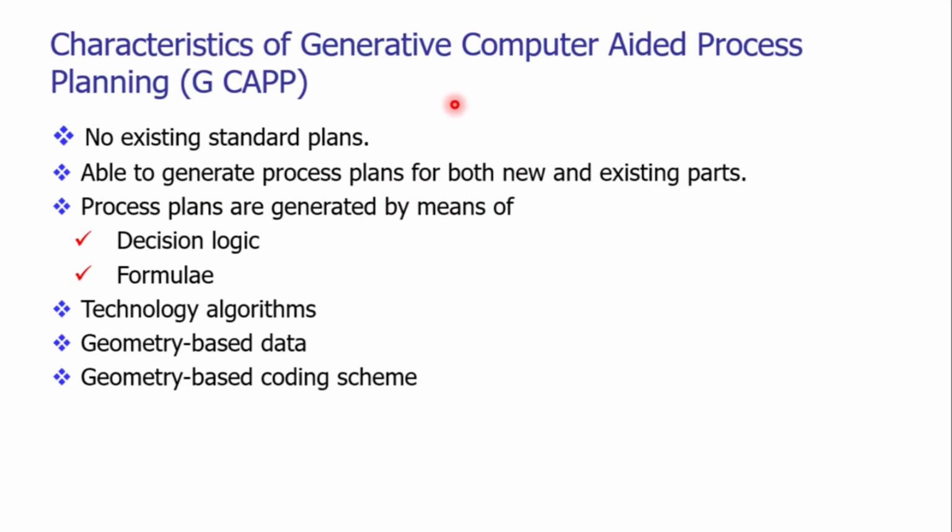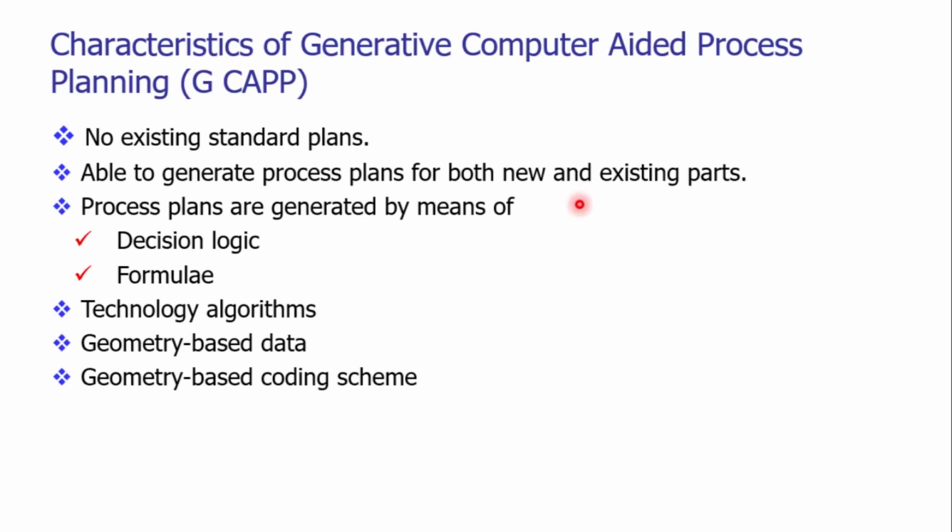This process planning system is based upon the knowledge gained by having an expert system, and there is a decision making system. This system is nothing but software. It will ask many questions to the end user, the process planner, and based upon the information given and the CAD model which is given to the CAPP system, the process planning system will generate a new process plan, that is the generative process plan.